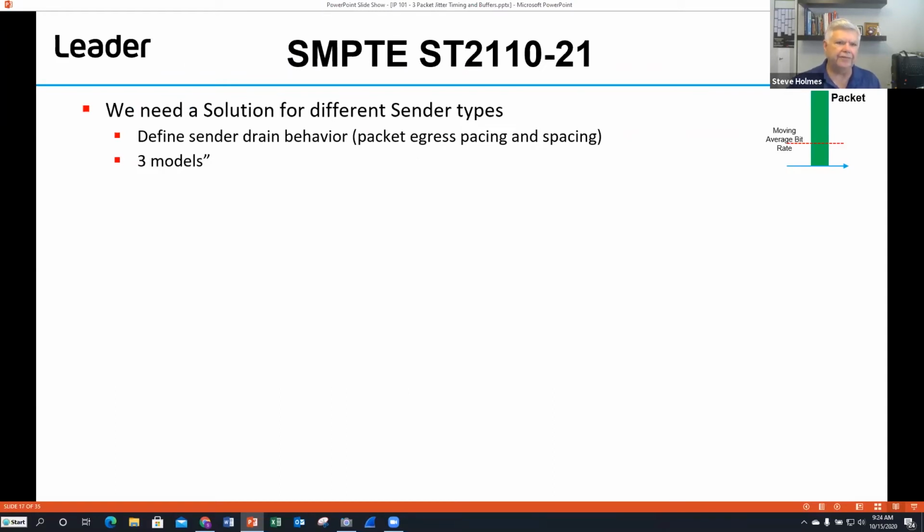Because we have different types of transmitters, we needed to come up with a solution to be able to monitor the outputs of these transmitters.